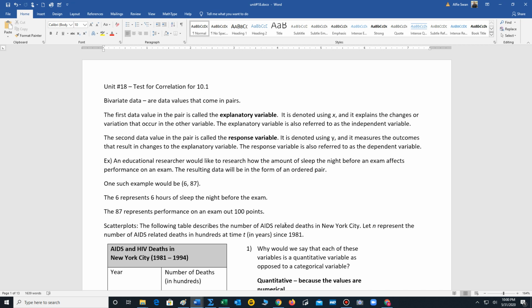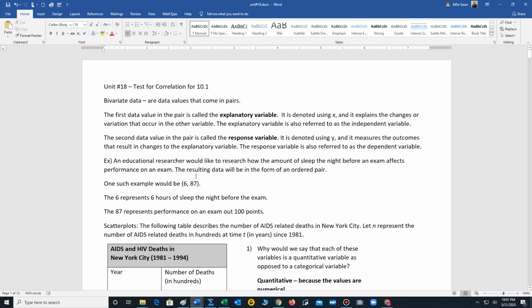So as an example, an educator wishes to examine research regarding the amount of sleep the night before an exam, and how that affects performance on the exam for a student. The resultant data will have the following form. It's a form of an ordered pair.